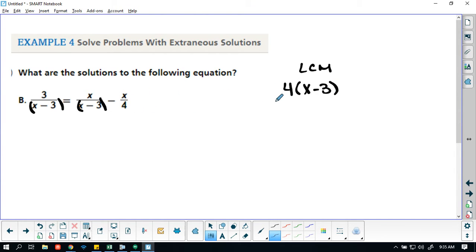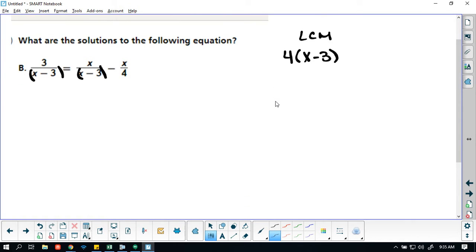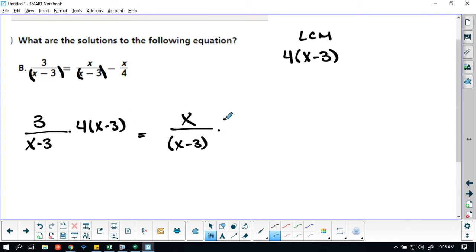So my least common multiple is 4 times x minus 3. Now I'm going to take this and multiply it to each term: times 4 times x minus 3 equals x over x minus 3 times 4 times x minus 3 minus x over 4 times x minus 3.